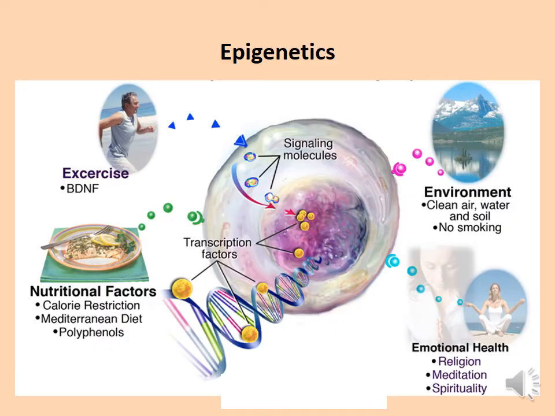This is epigenetics. Many epigenetic factors such as exercise, nutritional factors, environmental factors and emotional health can influence histone modifications and change the expression of our genes without altering our DNA or the genes.